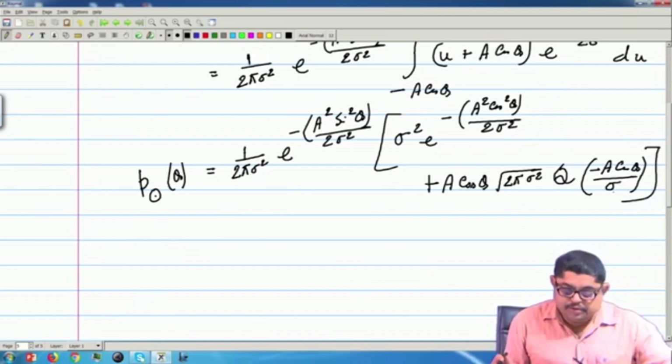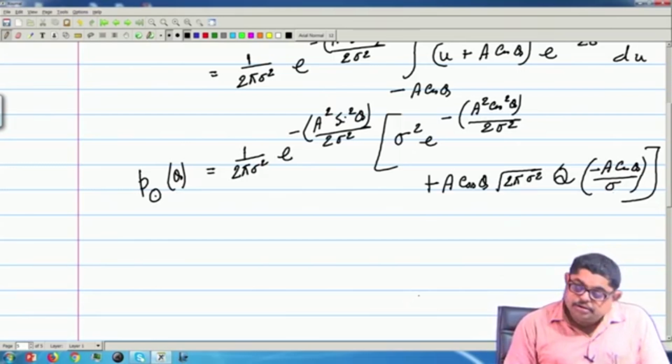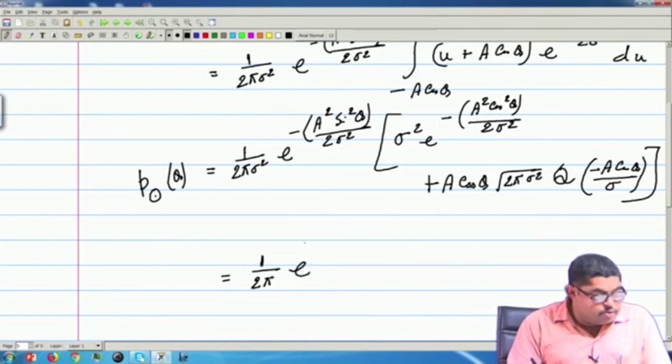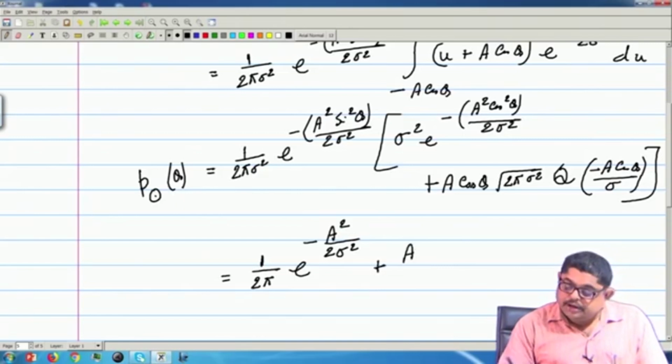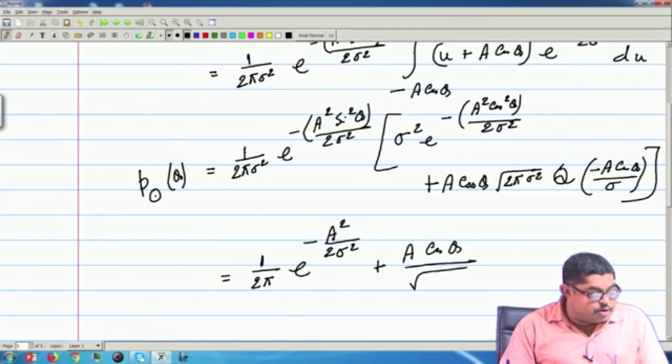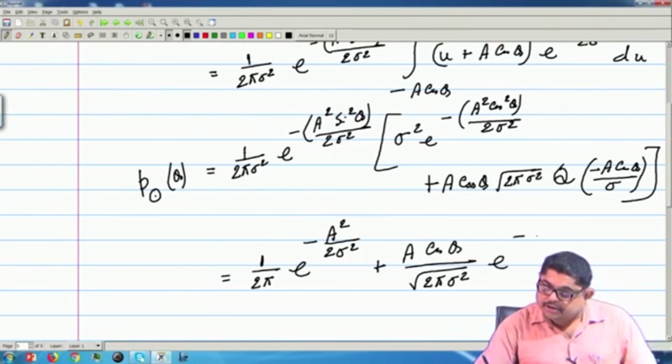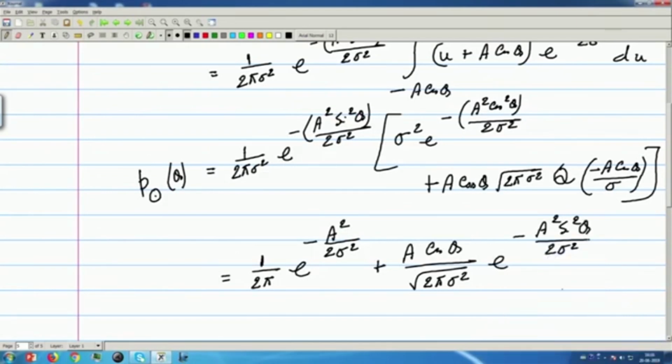So, this will be the phase distribution, and if you proceed further, the next step will be 1 by 2 pi e to the power minus A square by 2 sigma square, multiplied by plus A cos theta by root over 2 pi sigma square e to the power minus A square sin square theta by 2 sigma square into the Q function minus A cos theta by sigma.